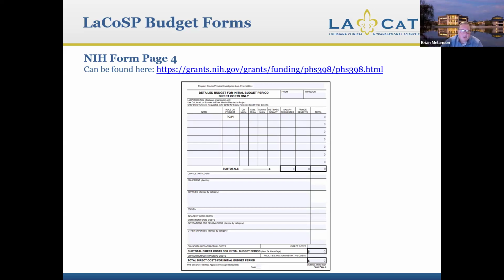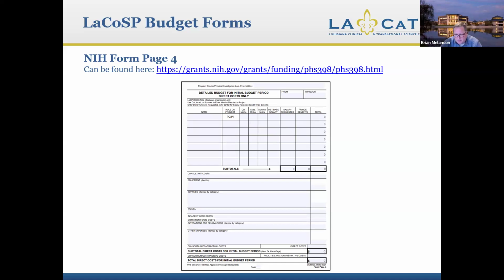These are great resources to utilize, and to make sure that there's not a lot of back and forth once this thing gets submitted and starts running through that pipeline, that there's no question about whether these are correct and moving forward. So it's really important to understand what goes in these categories and what you can and can't budget for.